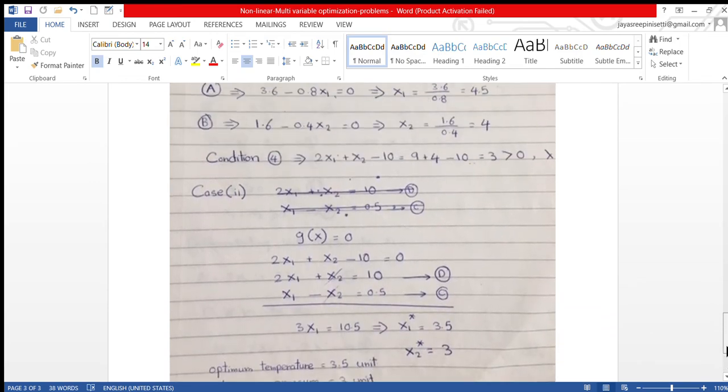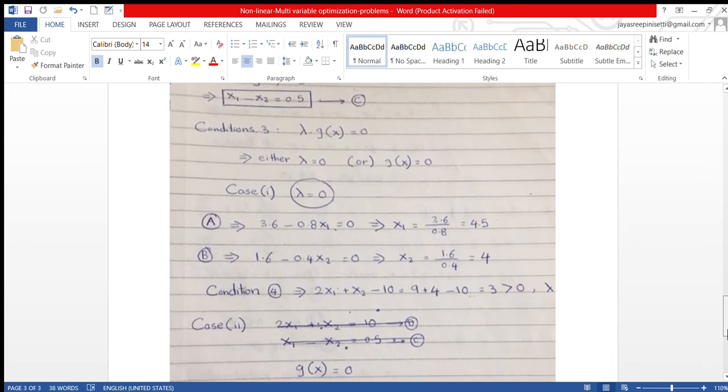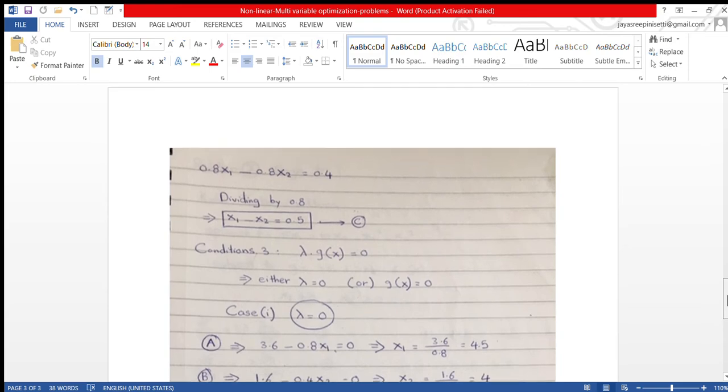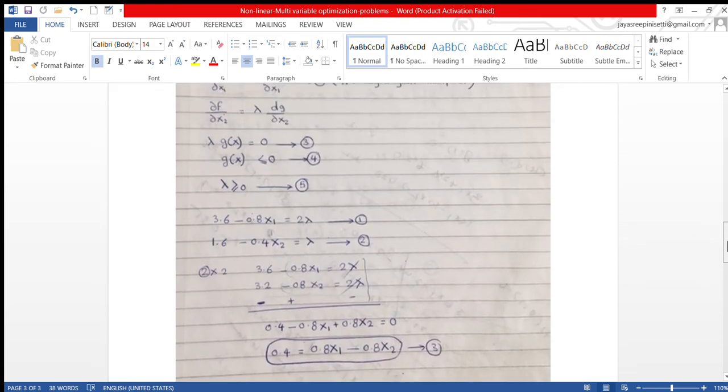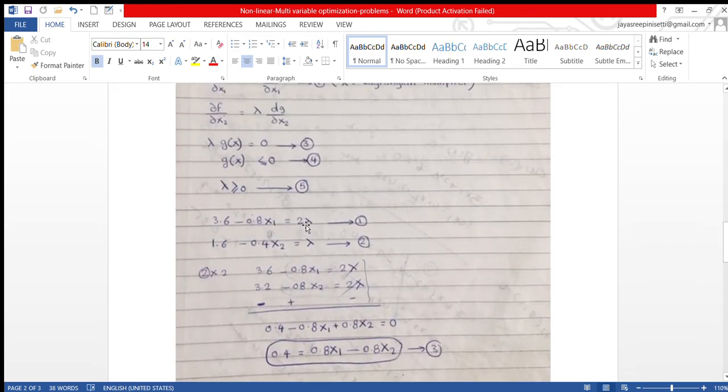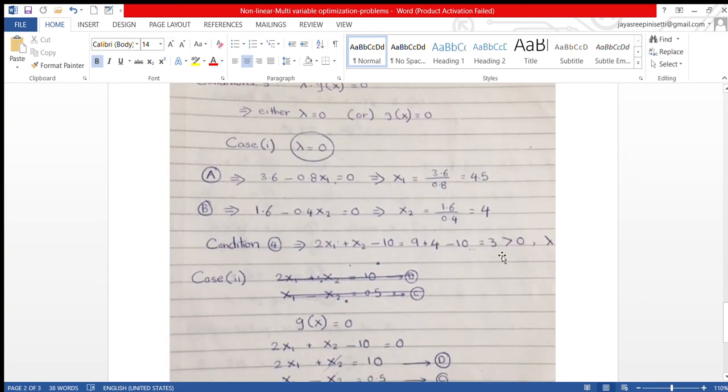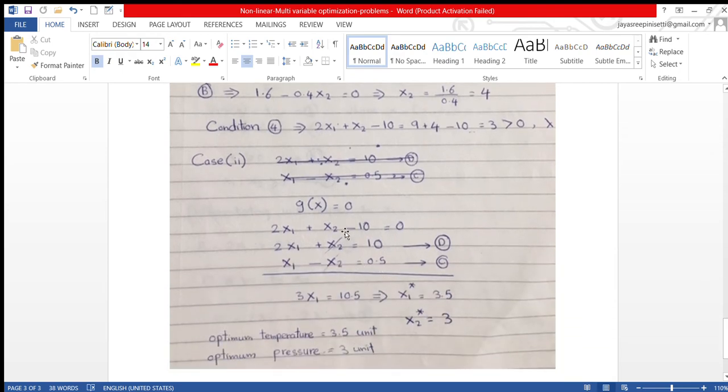But if you remember, when we solved the first two equations and substituted lambda equal to 0, we got x1 and x2. When you substitute them in g of x, it is greater than 0, so that condition is not satisfied. That's why we go for g of x equal to 0.